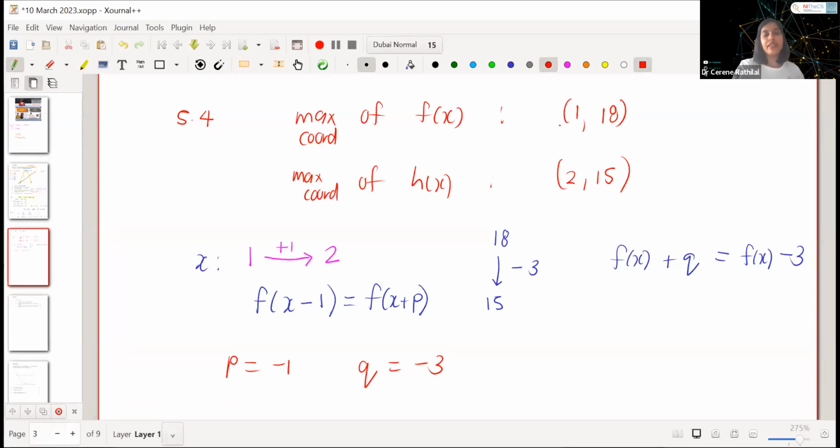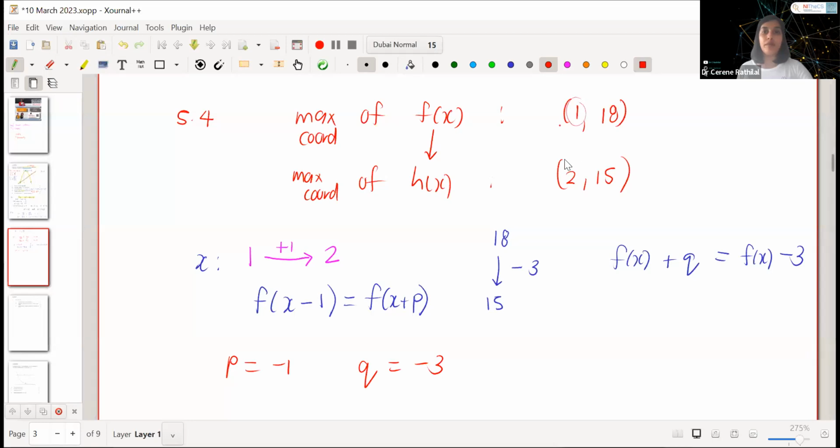Okay. So in here, we are analyzing the change from f to h. We are creating h using f, so I need to analyze the change that has occurred. When I have f, I've got 1 and 18. To get to h, I now have to change the 1 to 2.